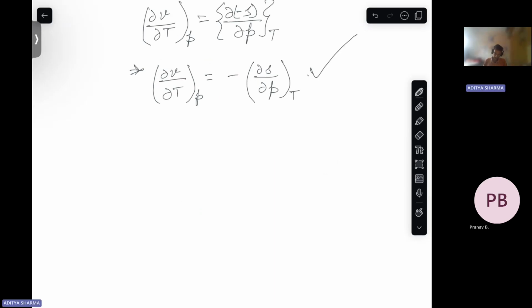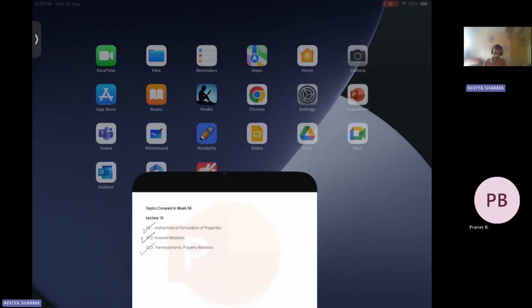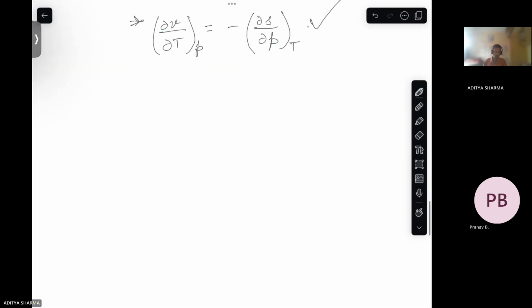Now the next heading is thermodynamic property relations. Okay. So in it, what we do is, in addition to Maxwell relations, we define a couple of other relations also. Okay. And how do we define those relations?